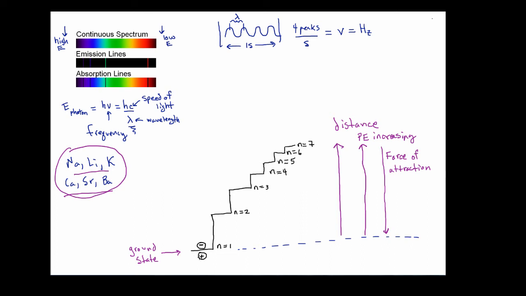The idea is you can energize the electron, and if you put in the right amount of energy, that electron can be moved to a higher energy level. The electron can only move to a higher energy level if you put in exactly the energy difference between the energy level that it's leaving and the energy level that it's going to. I'm going to draw another line here, a vertical line going up, and we'll establish that this is energy in general.